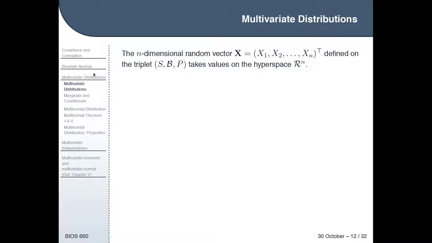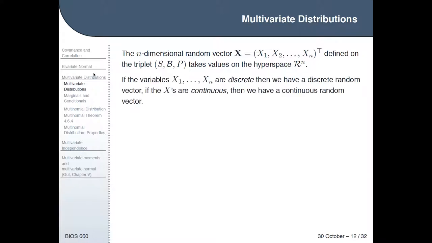Again, don't worry about the details unless you're planning to take 760 someday. And in general, if each of the individual random variables are discrete, then we have a discrete random vector. If they're continuous, then we have a continuous random vector.